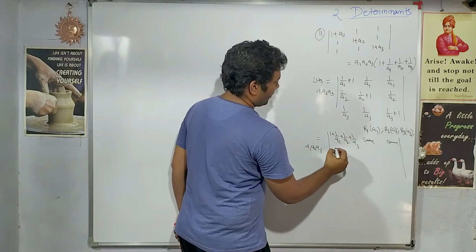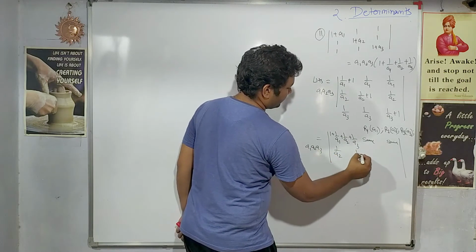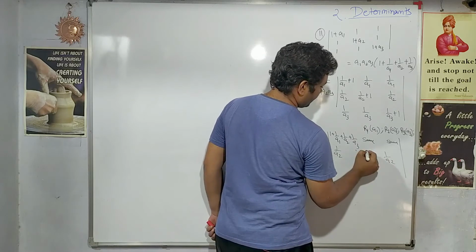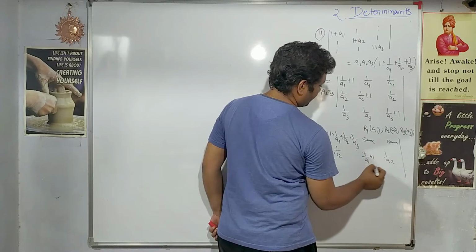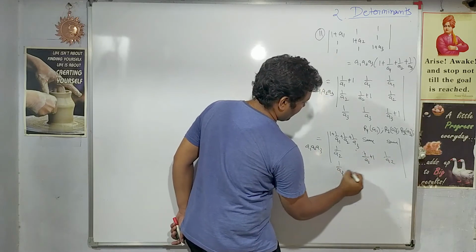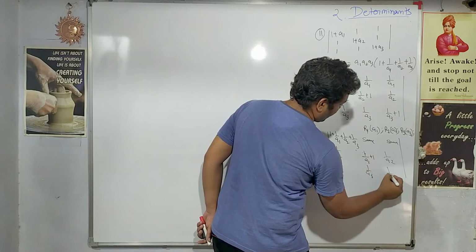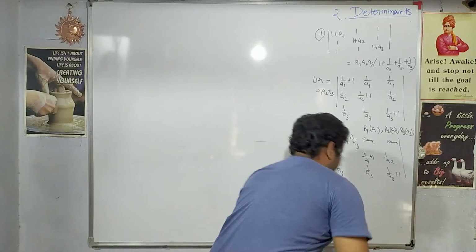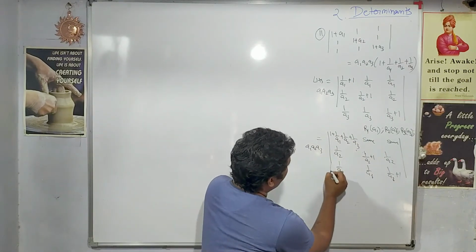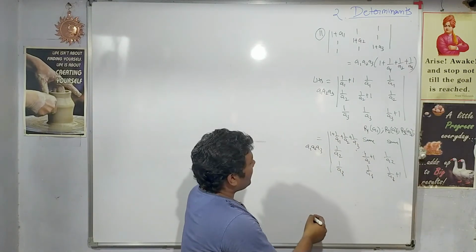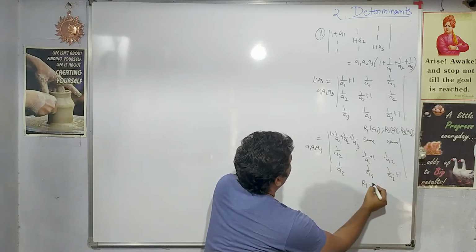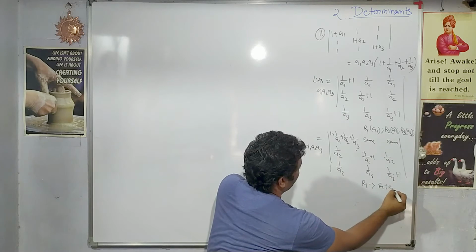Let the second and the third row remain as they are. Write down the statements. What will be the statement? Operation on row 1, and the operation is r1 plus r2 plus r3.